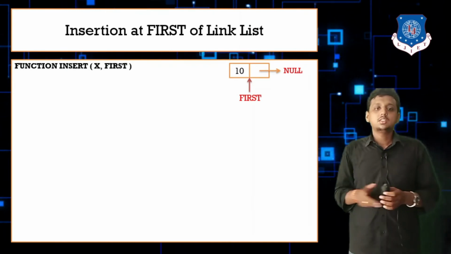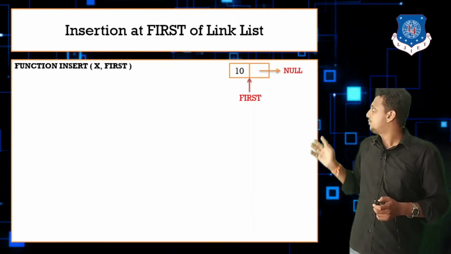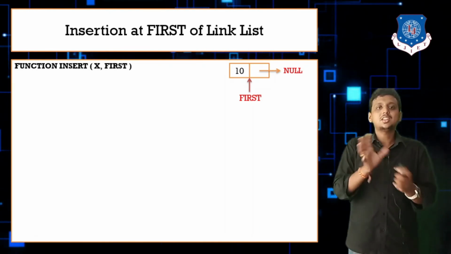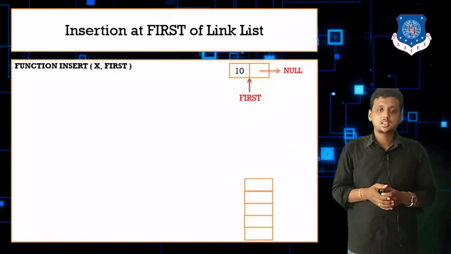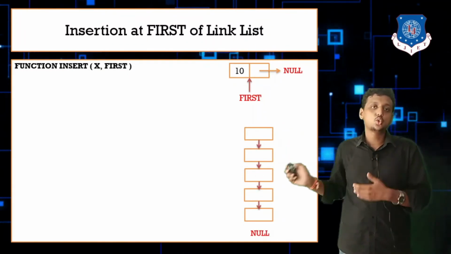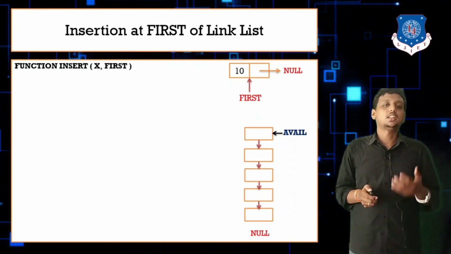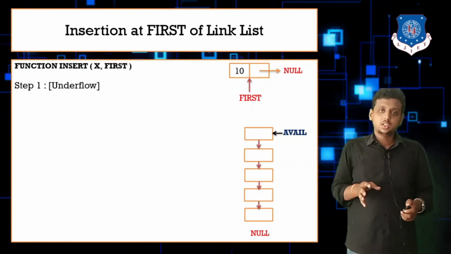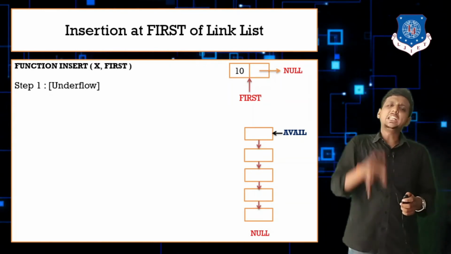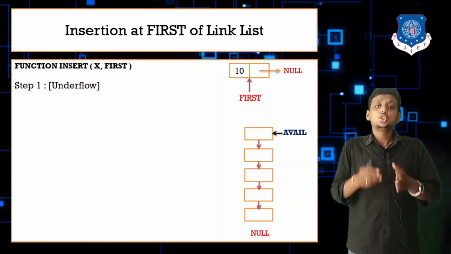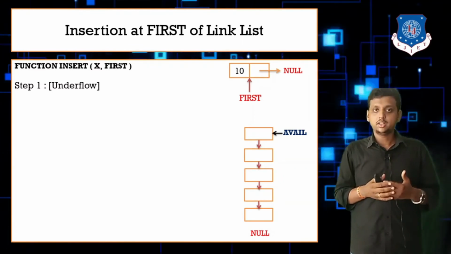So here we have 10 with us, 10, first and null. Okay, so this is our simple linked list. This is my availability stack. I always show it to you because you have to understand the concept of the availability stack. So students, up to now, whenever we want to perform any insertion operation on any data structure, we used to check the overflow condition, right or wrong?